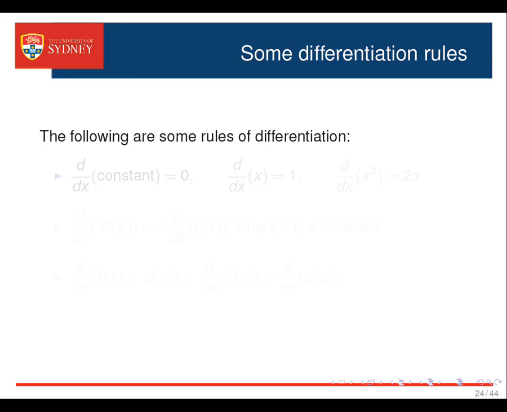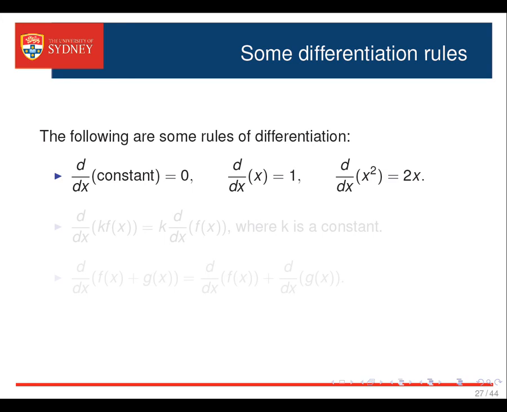In this slide, we'll present some rules of differentiation that you can commit to memory to make differentiation easier. Recall that the differentiation of a constant, that is, there is no change in the y value, is 0. The differentiation of x is 1. The differentiation of x squared, as we have shown before, is 2x.